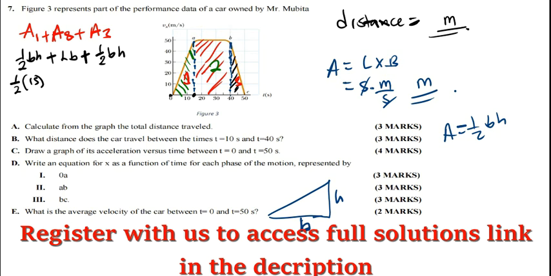My h is this line reaching that point, which is 50, plus my l. In this case, it is from 15 all the way to 40. So you say 40 minus 15, that is 25.